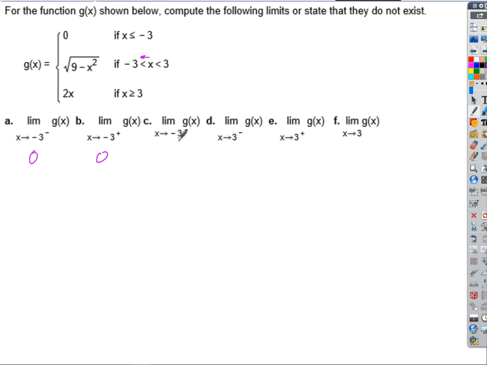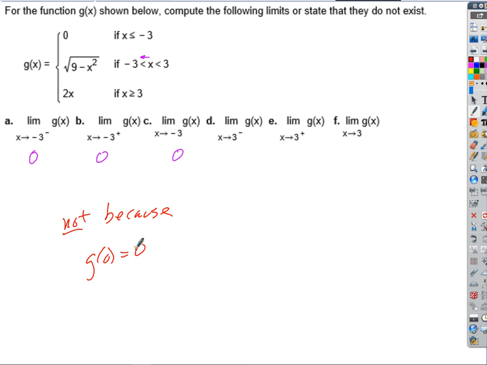The answer is 0, but I want to know why. Good. And make sure you understand this. The answer is 0, but not because g of 0 equals 0.